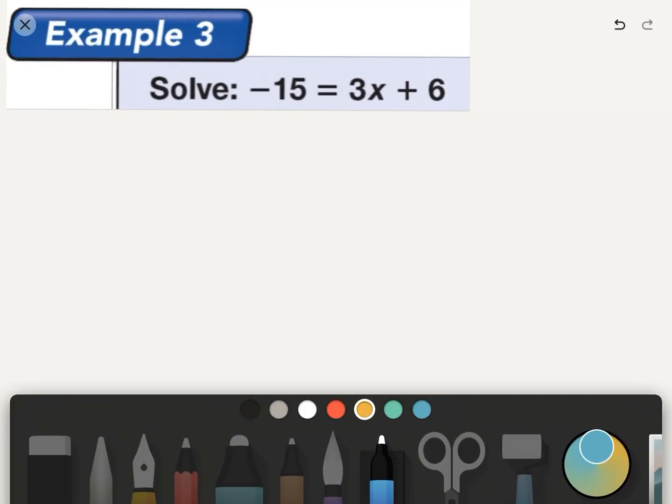Example 3. Negative 15 equals 3 times x plus 6. Now this is kind of an awkward looking equation because our variables over on this side, and what I'm doing air quotes right now, the answer is on this side.